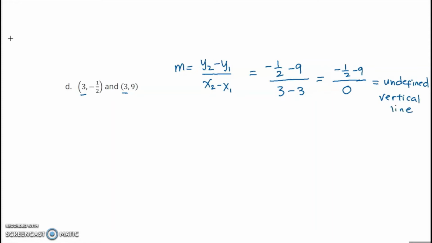If it is a vertical line, it is of the form x equal to a constant. So the constant here is actually equal to 3. In this case, x equals 3 is the equation of our line.